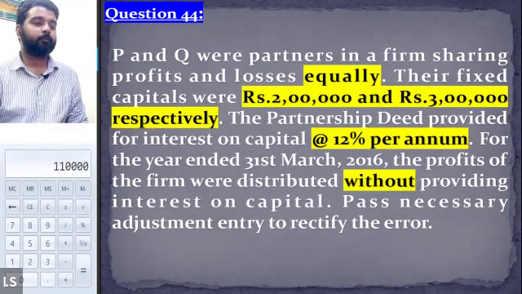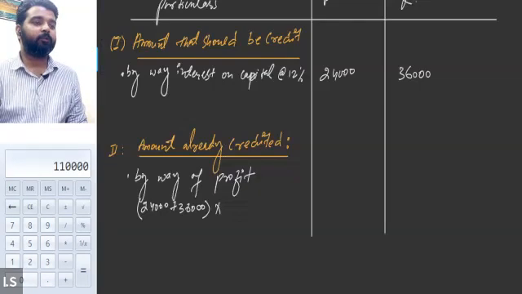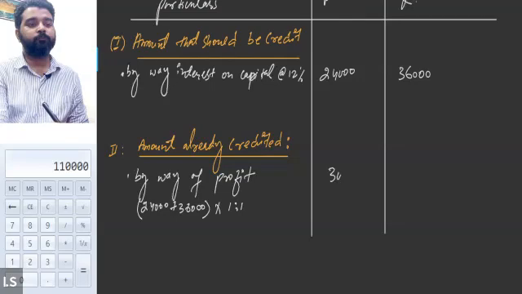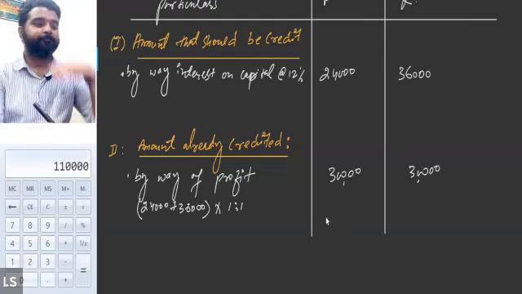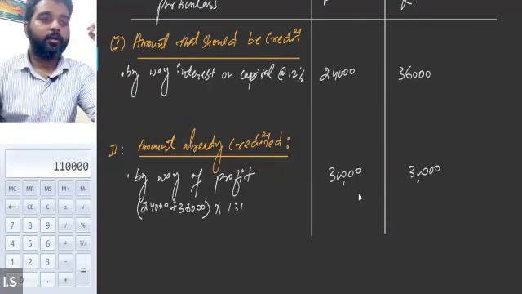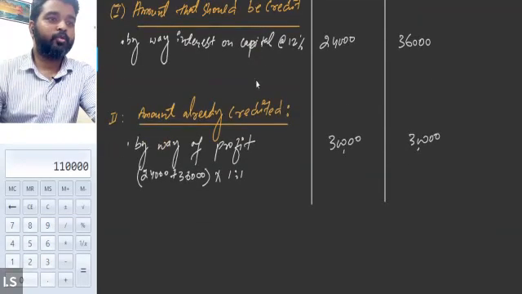So mistakenly we have allocated the entire 60,000 in the ratio of 1:1. That means P must have got 30,000 as profit and Q also got 30,000 as profit. Am I clear? Yes, sir. Okay. Now we have to make the adjustment.